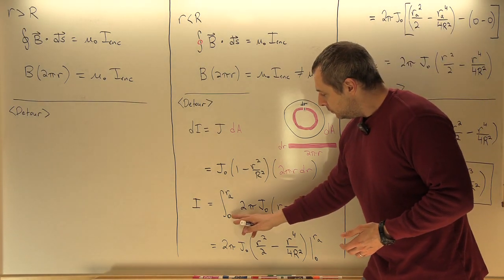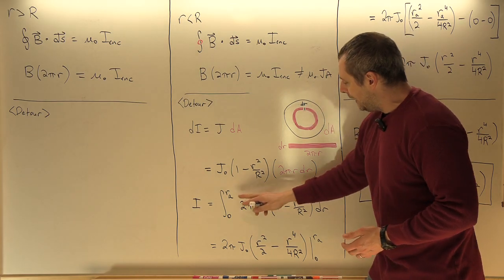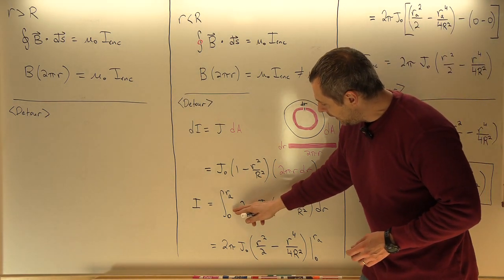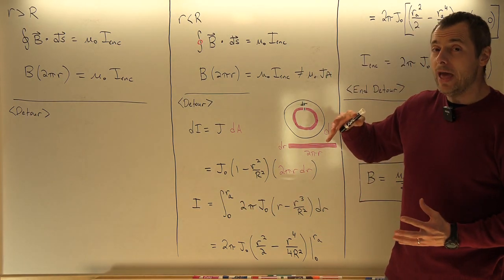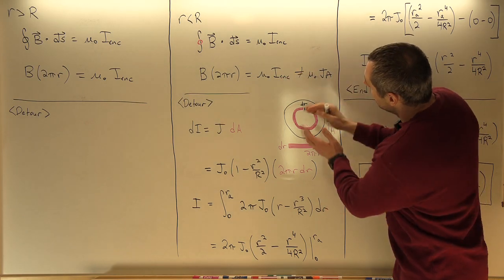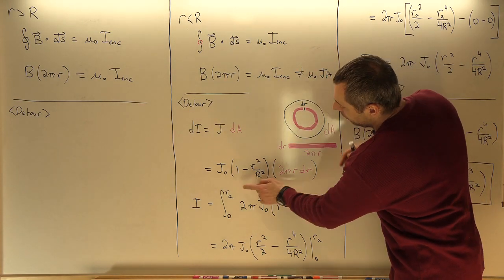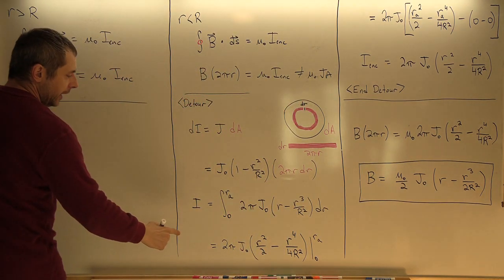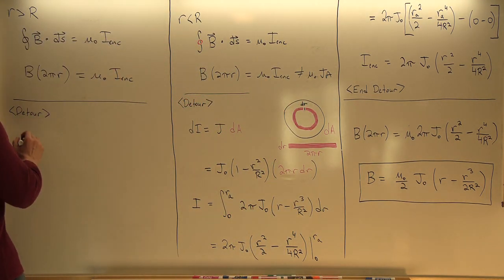The only thing is, we would not stop before we got to the outer edge of the conductor. We would keep on integrating all the way to the outer edge to get the I enclosed. When we make an Amperian loop around the whole conductor, we'd integrate all the way to capital R. So that's what we're going to do, is we're going to just recycle this formula.